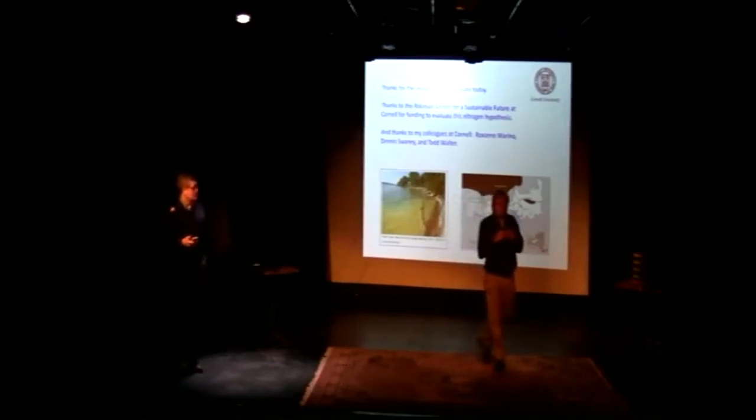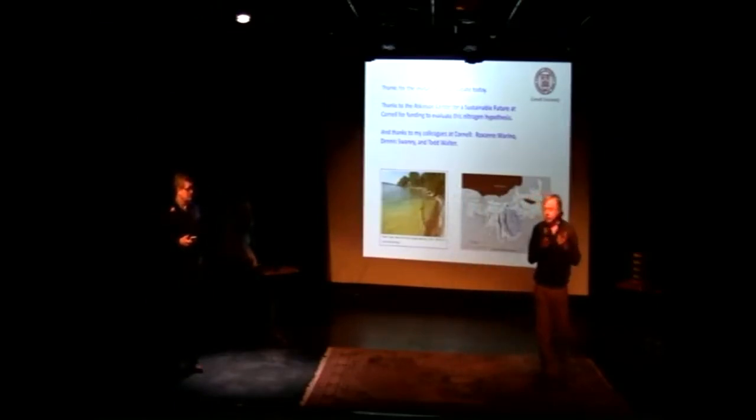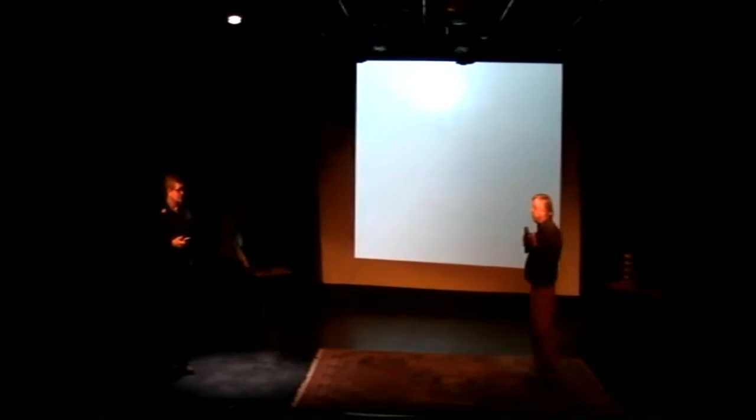So that's one answer. The second answer is that it may not be the total nitrogen that matters, it might be particular forms. Nitrate has been going up in some of the lakes, down in other lakes. We know that better because nitrate's easier to measure than total nitrogen. But it could be that the specific form, ammonia, or perhaps even urea might be more important than nitrate. We don't know.